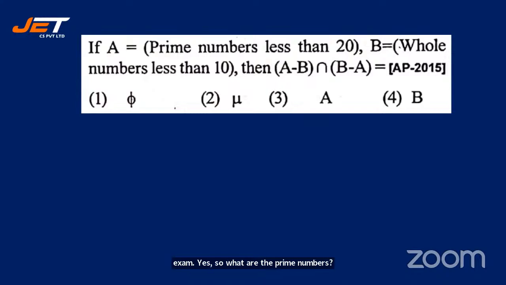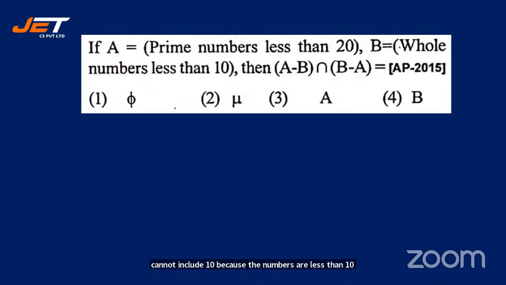Just list out. A is equal to 2, 3, 5, 7, 11 and so on till 19. All right. And what are the whole numbers which are less than 10? Whole numbers include 0. That you should remember. So it is 0, 1, 2, 3 and so on till 9 because you cannot include 10 because the numbers are less than 10. All right.